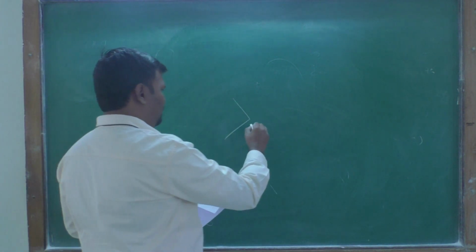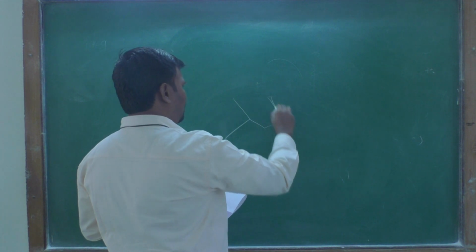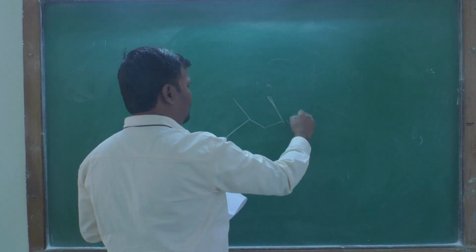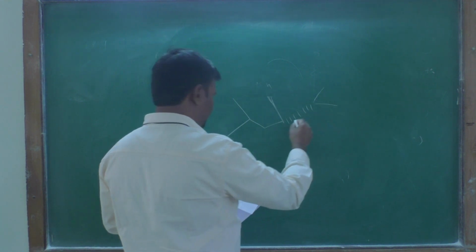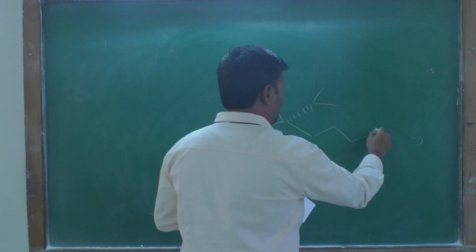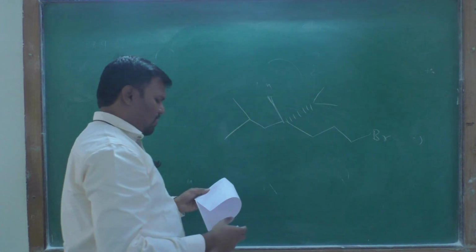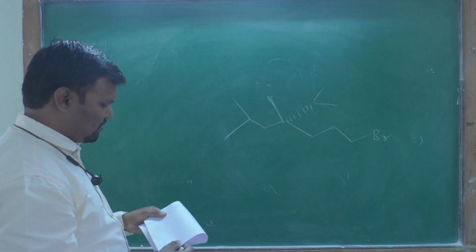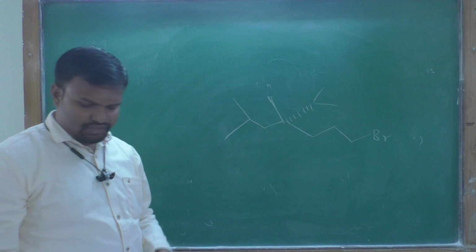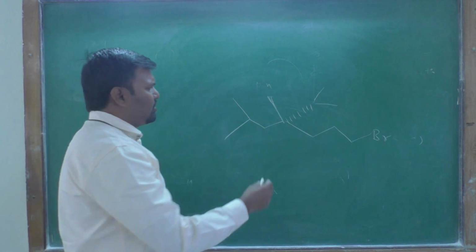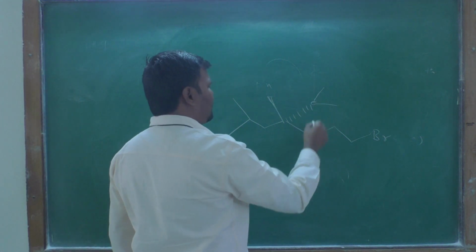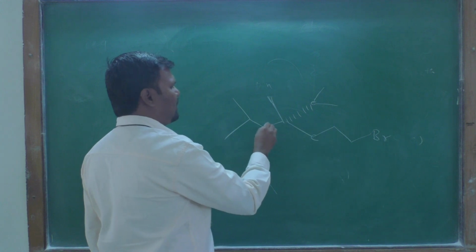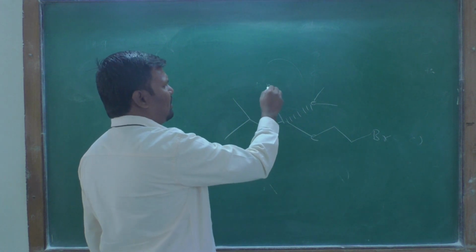Such an example is there. Find out the priorities, which group should get the first priority, which group the second. In this case you can find there is a carbon directly attached to the central atom, and there is a carbon and that is hydrogen.